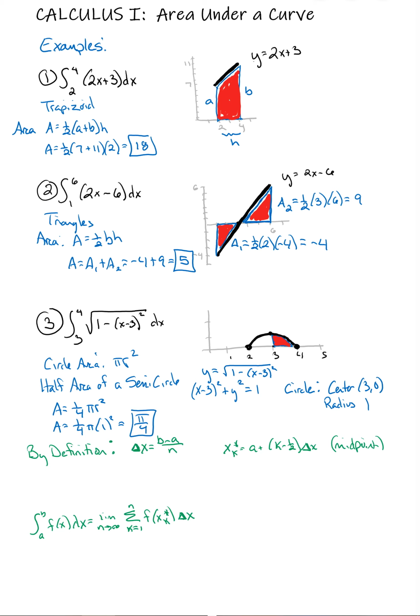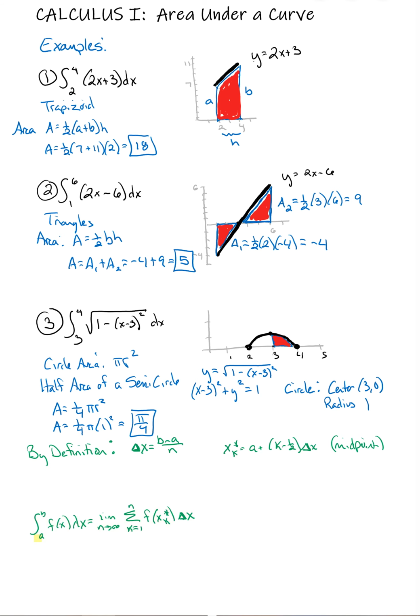If you recall, the definition of the definite integral, which gives us the area under a curve from a to b of f of x dx, is actually the limit as n goes to infinity of the sum, k goes from 1 to n, of f of x sub k star times delta x. This is the limit of the Riemann sum, also known as a definite integral, and this will give us the area under the curve.